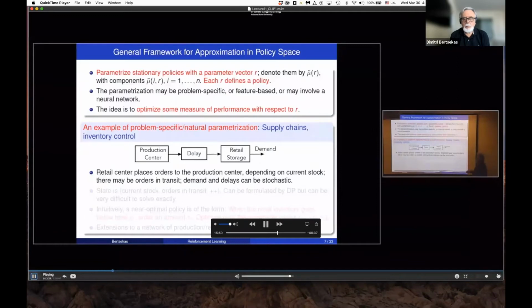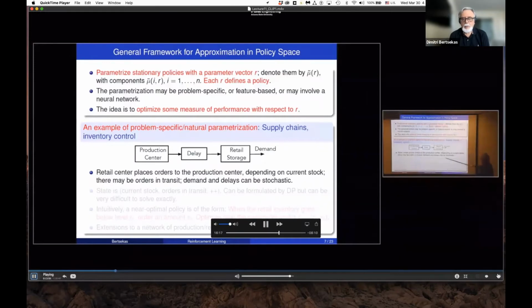Here I'm giving you a simple version. We have a retail center which stores some stock of some product, and it replenishes the stock by ordering from a production center. And after some delay, whatever you ordered arrives.